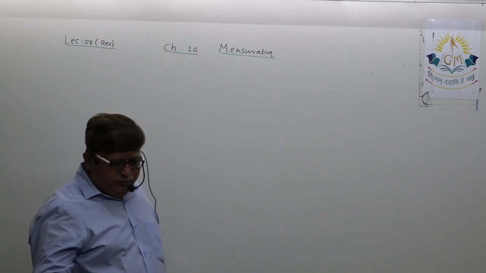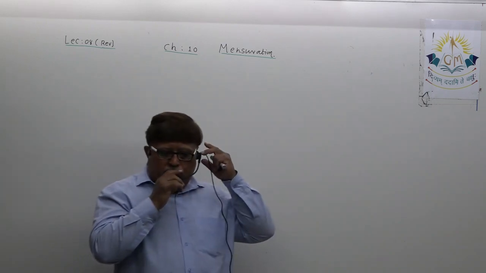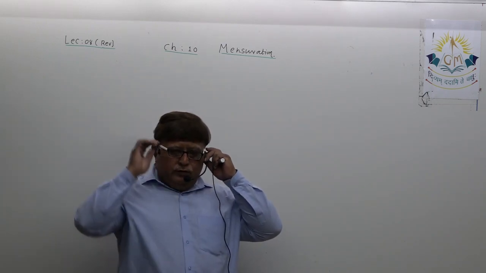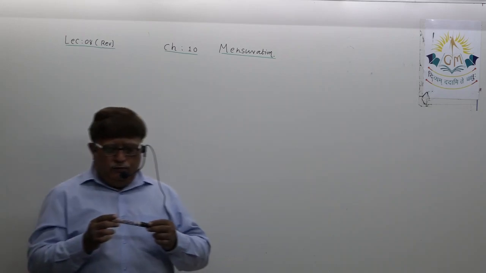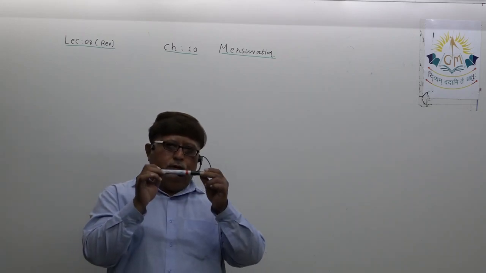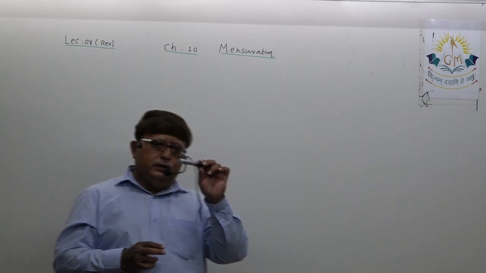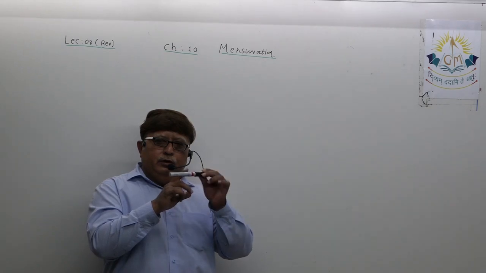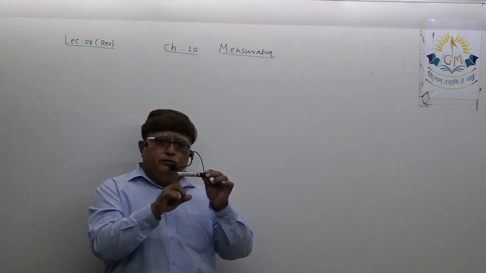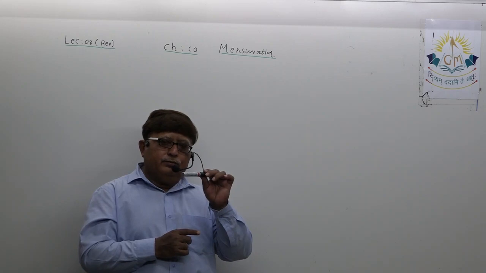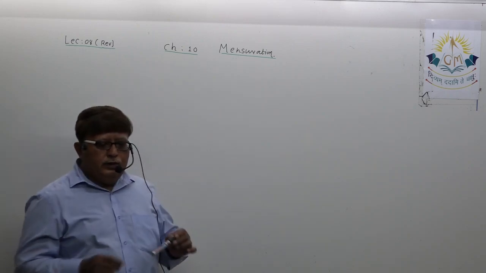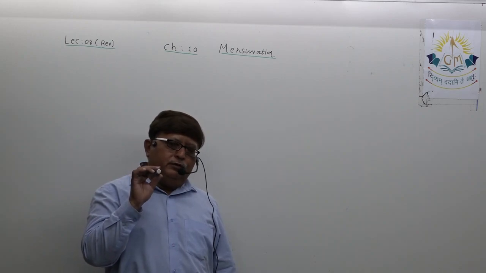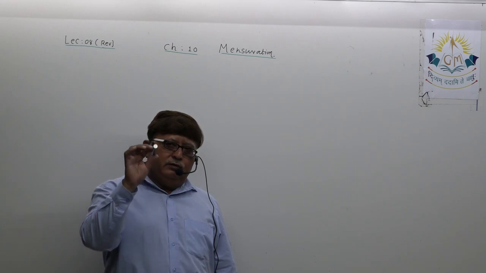Take an example, dear student. Before we start studying such examples, try to understand. Suppose this is a pen in front of you. Obviously, you will come to know it is cylindrical. Now, if I utilize one particular word regarding this cylinder, I will not consider it a pen now.